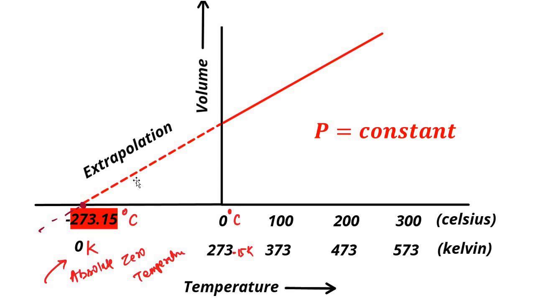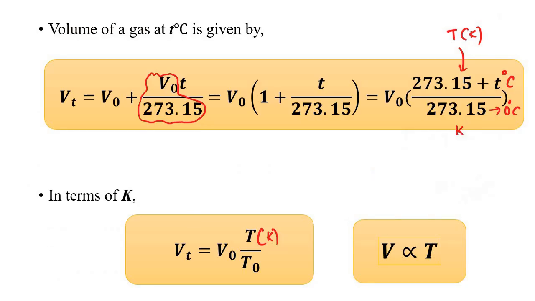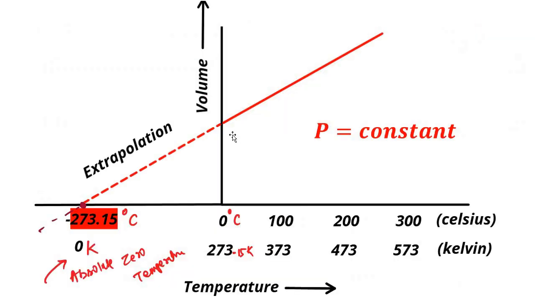It is drawn using the concept of Charles' law, that is, volume is directly proportional to temperature. We have taken the plot until 0 degrees Celsius, which is 273.15 Kelvin. Beyond that, towards the left hand side, it is all extrapolation. It is supposed to meet at this point, minus 273.15 degrees Celsius, which is equal to 0 Kelvin.